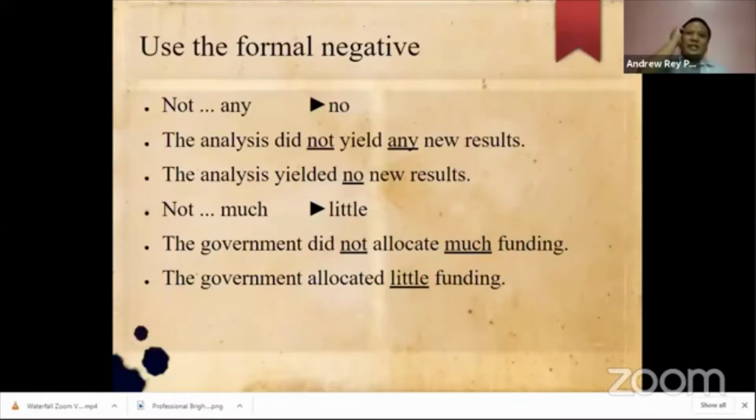You see the words did not are quite informal. Not much is replaced by little. The government did not allocate much funding. You simply say the government allocated little funding. That's the formal negative.